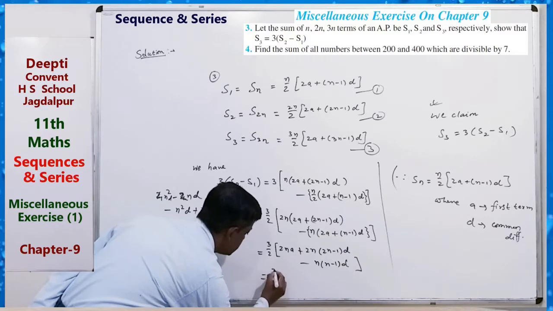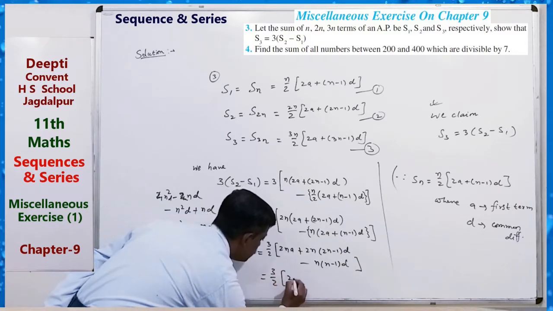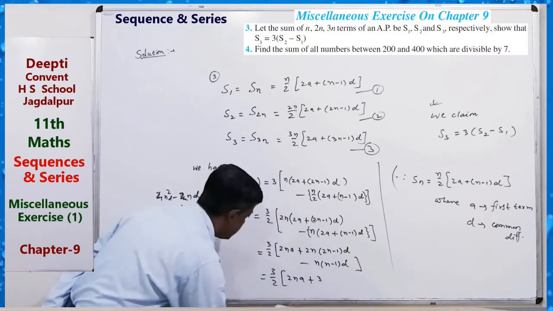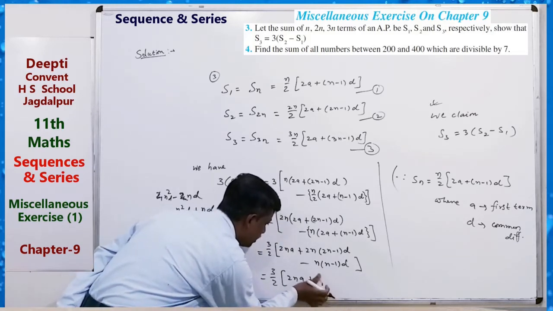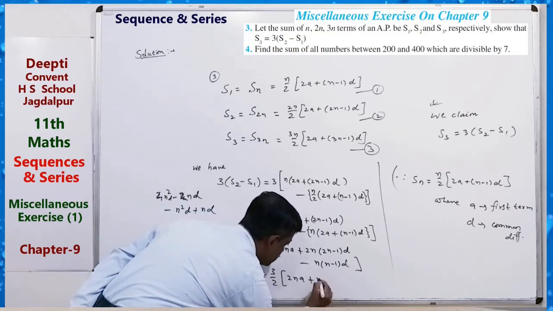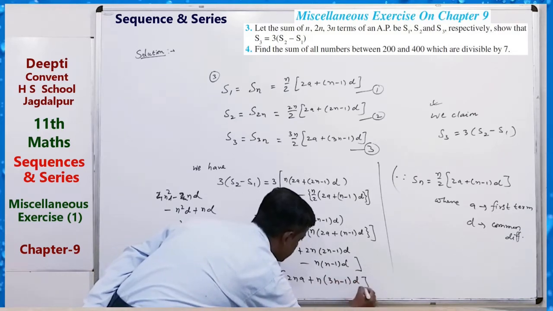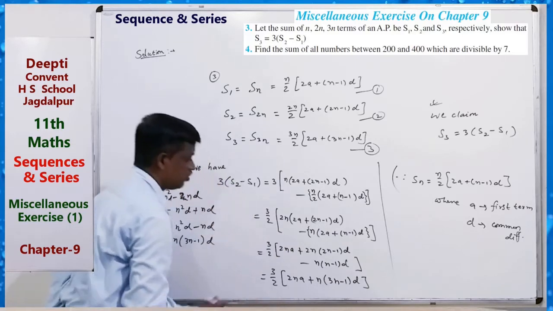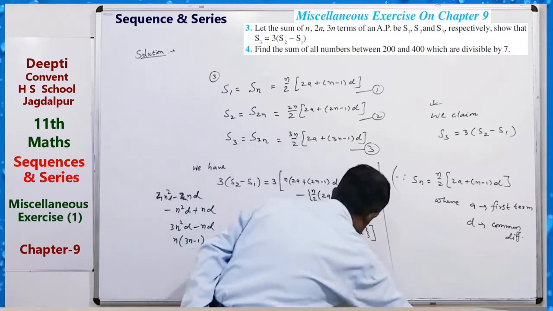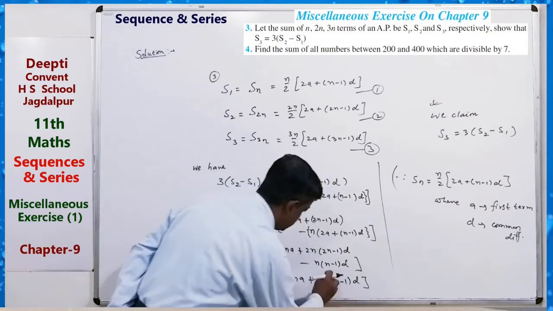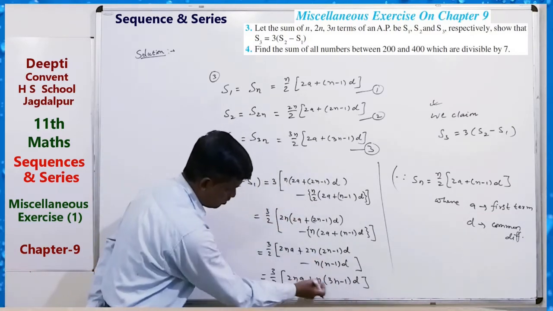So here we see that 3 by 2 times 2na plus n common and 3n minus 1 into d. So just taking common n, after solving this portion we get like this.